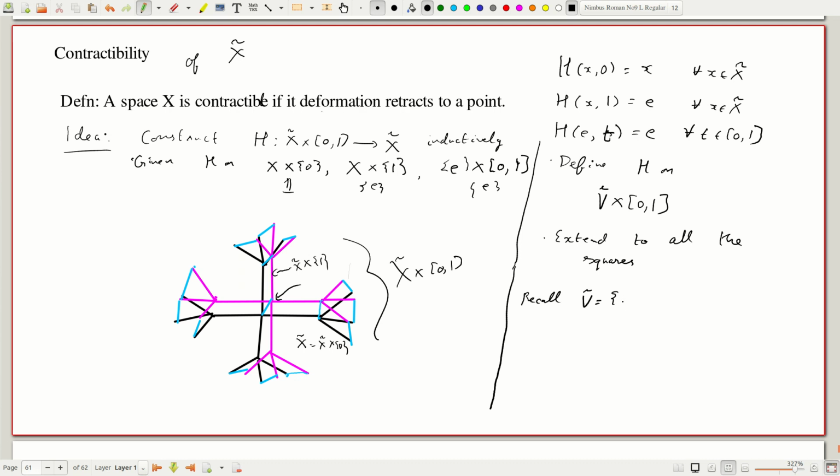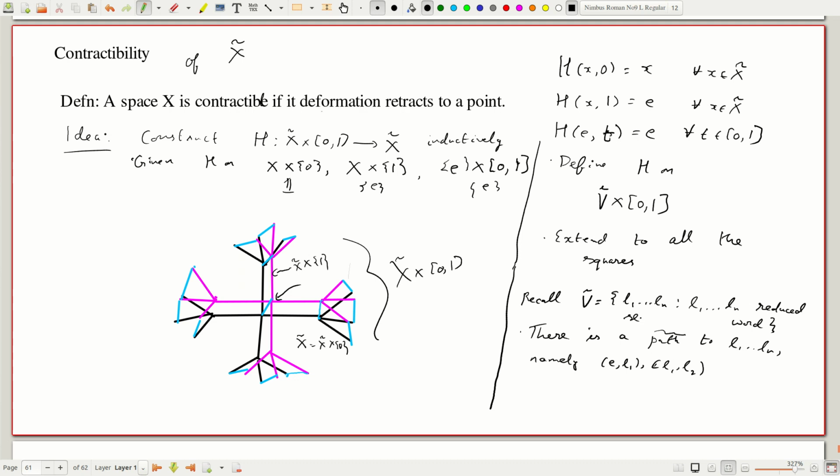The vertex set is just the set of all words L1 ... Ln, where L1 ... Ln is a reduced word in alpha, beta, and so on. Now this is given by a path to L1 ... Ln, namely we look at E, L1, L1 L2. So the path here is just a sequence of edges.